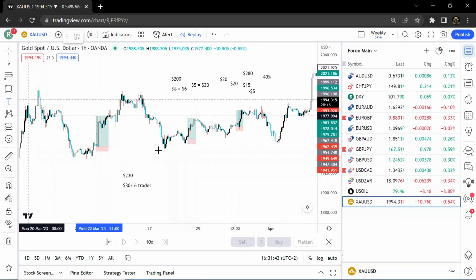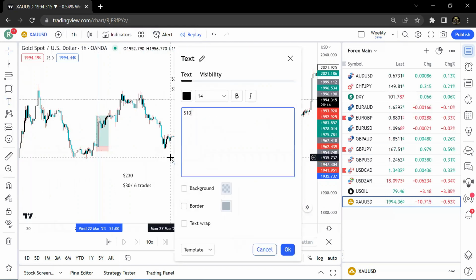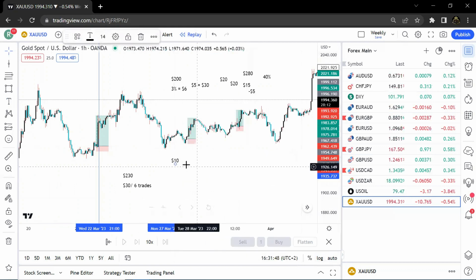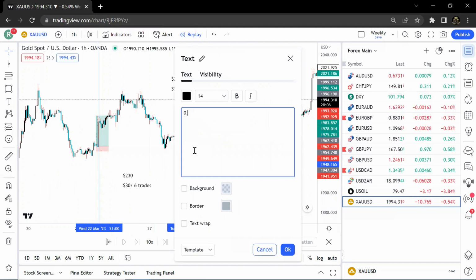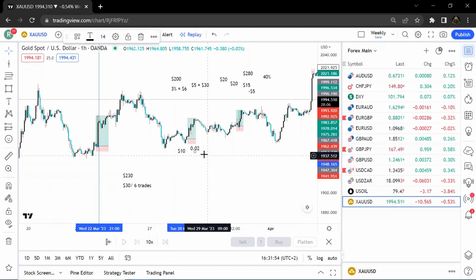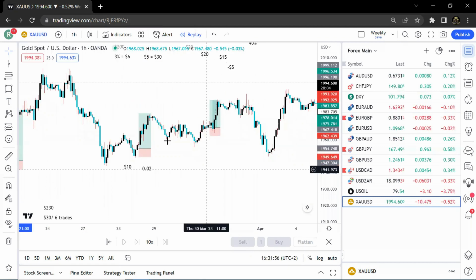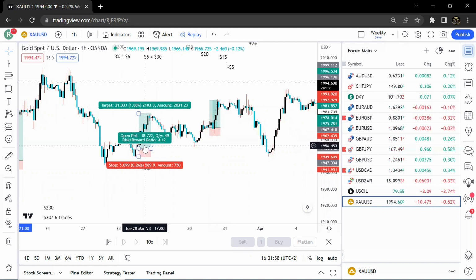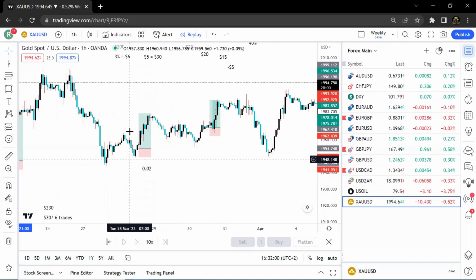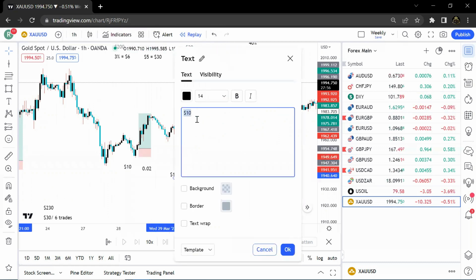So what you then could do is obviously push your stops forward and say, well, from now on, we're going to be risking $10, which is going to be equal to 0.02 lot trade. And then look at it now, risking $10, boom, and we're making $40 on that position.